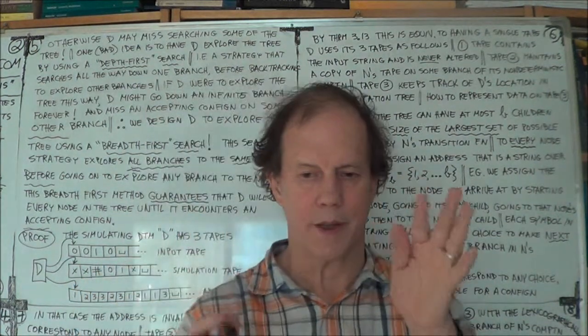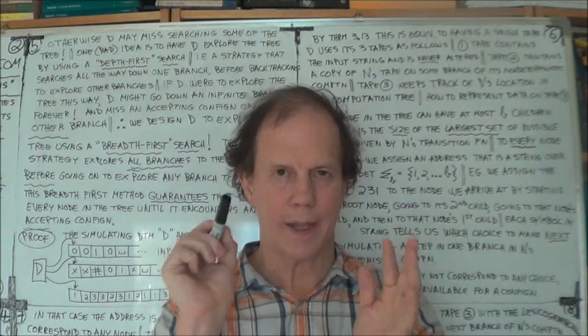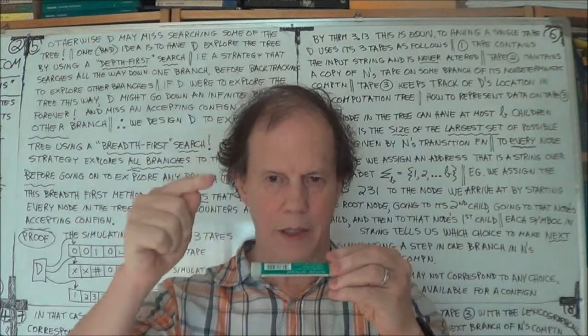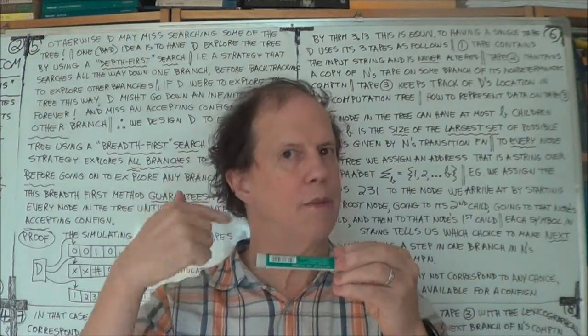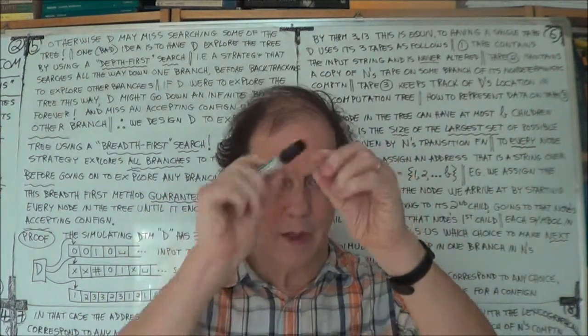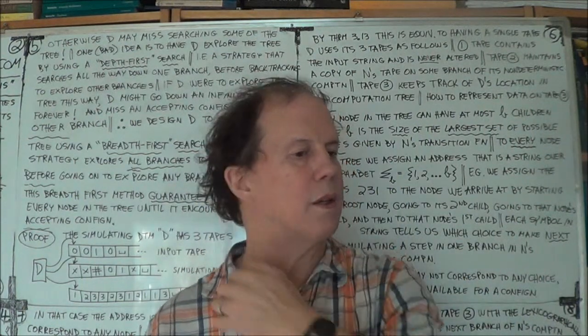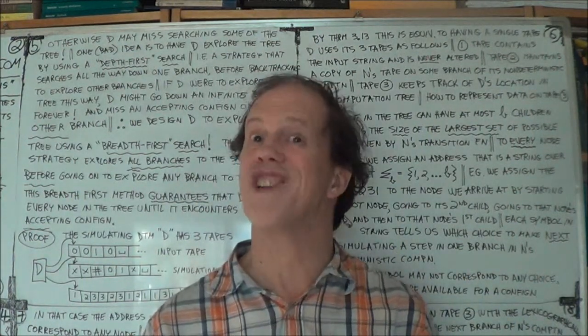So let me say that again. The second string contains the configuration at a particular step. So it'll change every step. It will change as you go down that path from node to node in that branch of your tree.